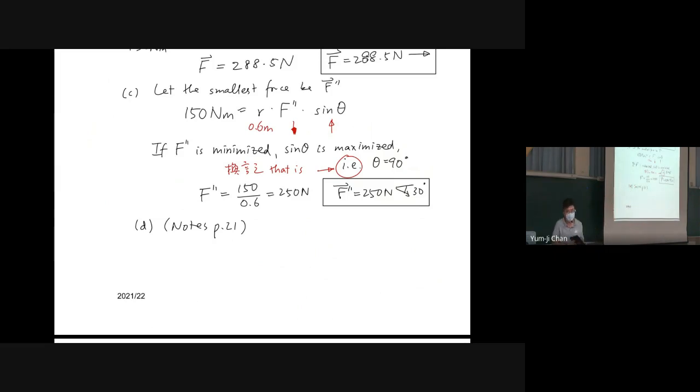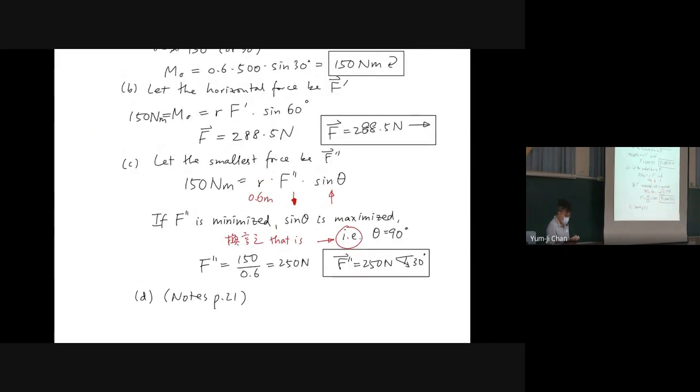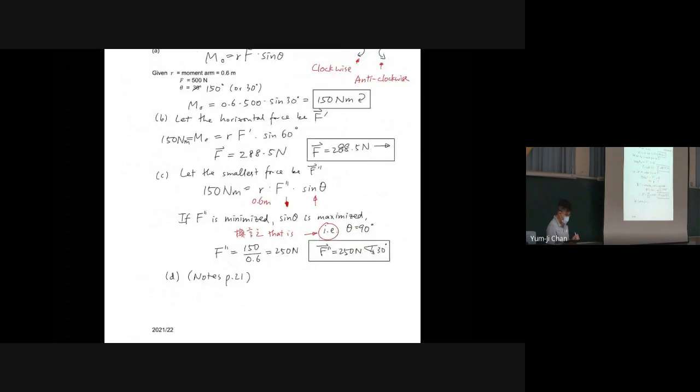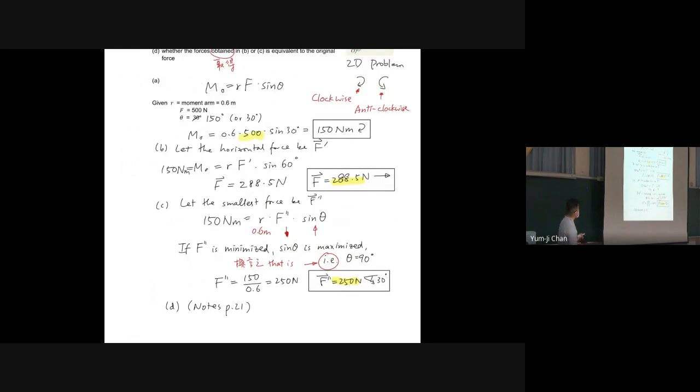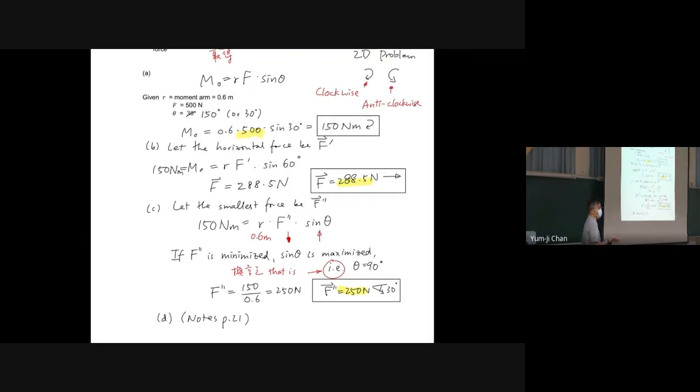But here in parts A, B, and C, the magnitudes of the force are all different. The original one is 500, in part B we have 288, and in part C we have 250. So all the magnitudes are different, and of course the lines of action are different.